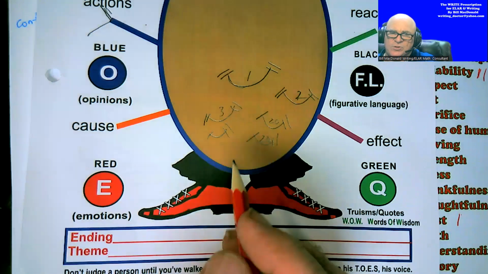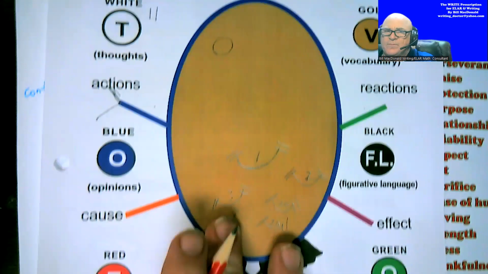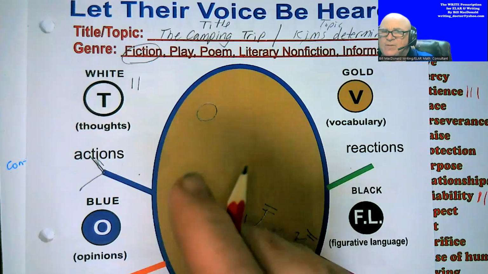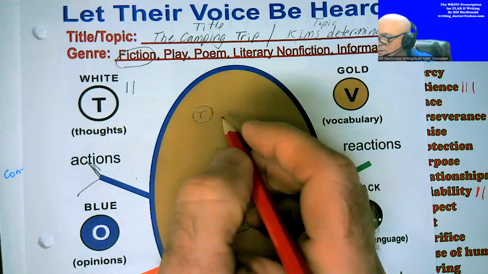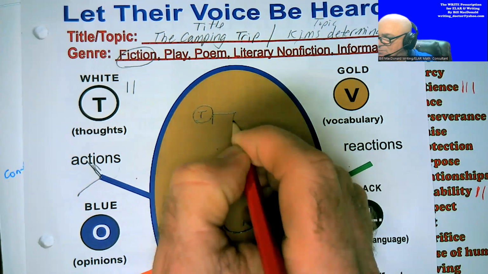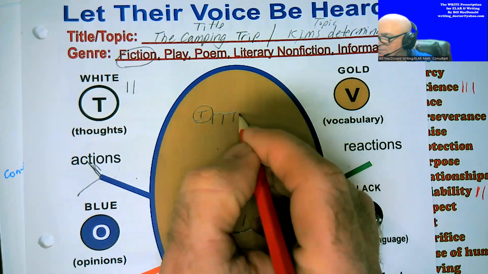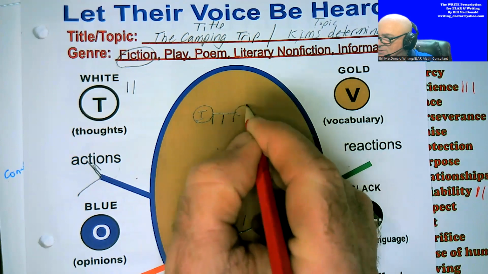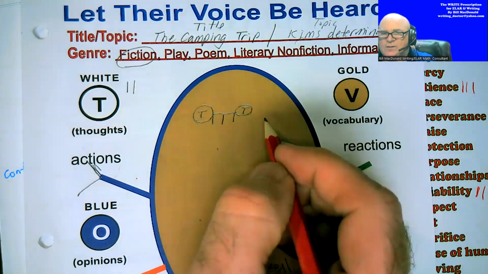And so he's got some shoes here. So if I'm going to have an idea, a central idea that it's based on evidence, I'm going to make a little E here. One, two, or three pieces of evidence. It has to be evidence that ties in with the topic.